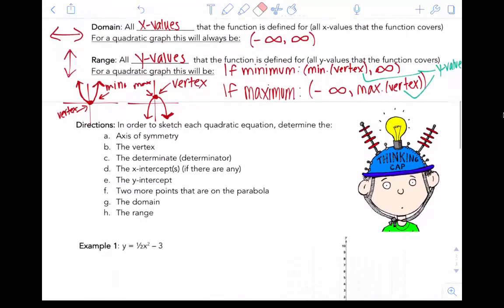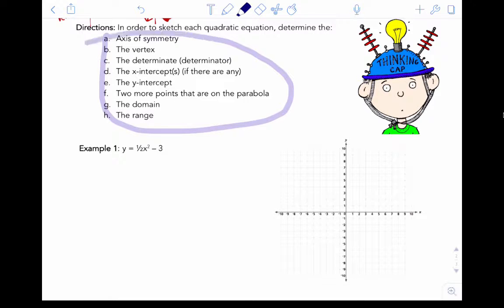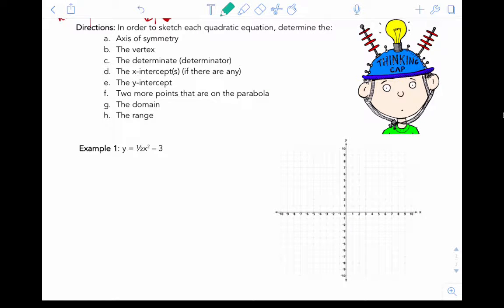All right, so let's go on and let's do some examples. In all of the problems you're going to do for this section, you're going to have to sketch the equation given to you. But to do this, you have all of these things that you need to determine. So first you need to determine your axis of symmetry, your vertex, which remember is basically the same thing.